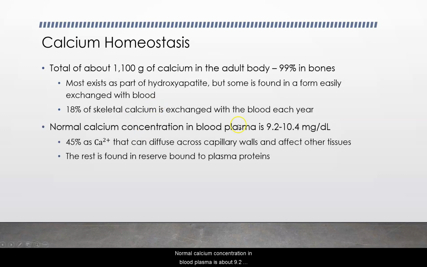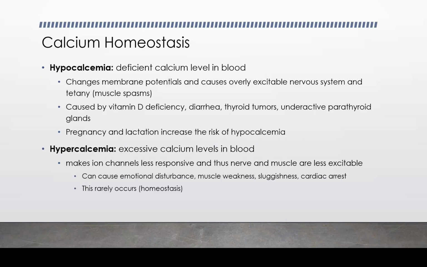Normal calcium concentration in blood plasma is about 9.2 to 10.4 milligrams per deciliter. About 45% is found as calcium ions that can diffuse across capillary walls and affect other tissues, and the rest is found in a reserve bound to plasma proteins.